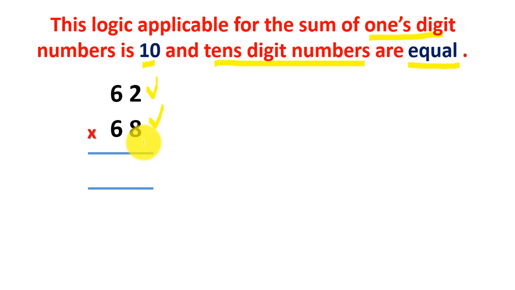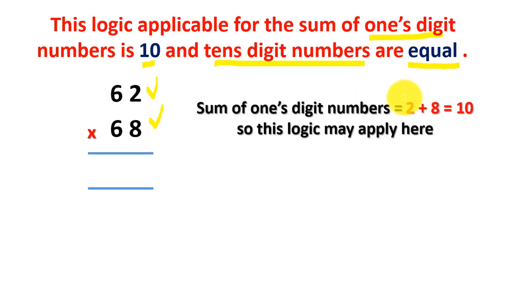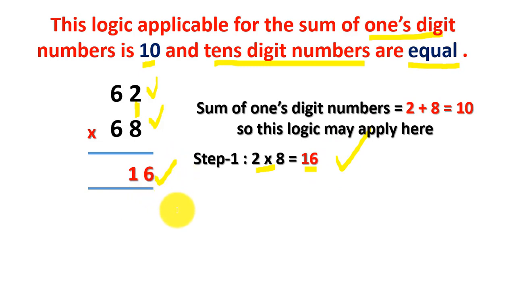So this logic is applicable here. First, step 1, same logic you may apply here. Step 1: first 2 into 8, whatever the numbers are there, you should multiply these two. 2 into 8 equal to 16. Write down this 16 at the answer place, that is 16 mentioned here.